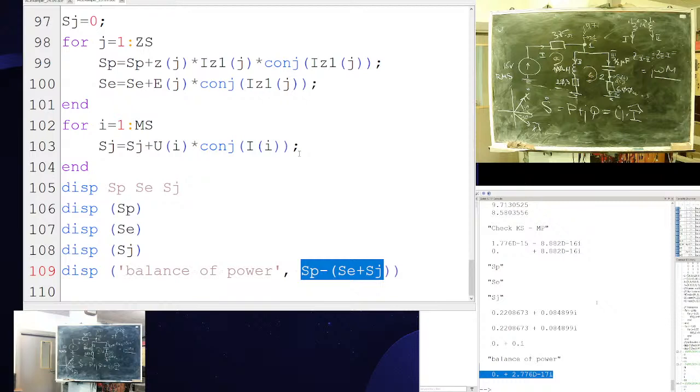Ground, ground, ground, ground. Yeah, it's ground. Okay. It can solve the network with SciLab. A network with SciLab can be solved.